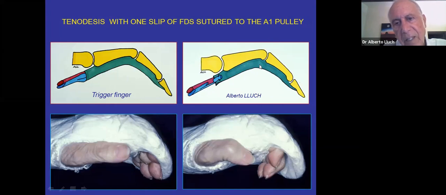The other slip I leave intact to do what the tendon has to do, which is flexing the PIP joint. You can put a dorsal splint or a plastic cast to prevent the hyperextension of the joints and allow flexion postoperatively of the PIP and DIP joints. This is an extension, and here is flexion.